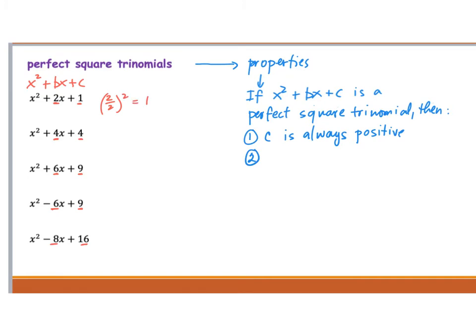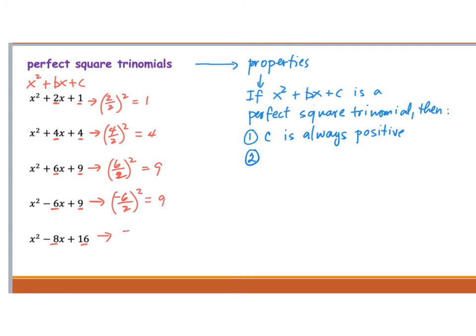Like for the first one, 2 divided by 2 is 1, 1 squared is 1. For the second one, 4 divided by 2 is 2, 2 squared is 4. Here, 6 divided by 2 is 3, 3 squared is 9. And this next one is negative 6 divided by 2 is negative 3, and negative 3 squared is positive 9.